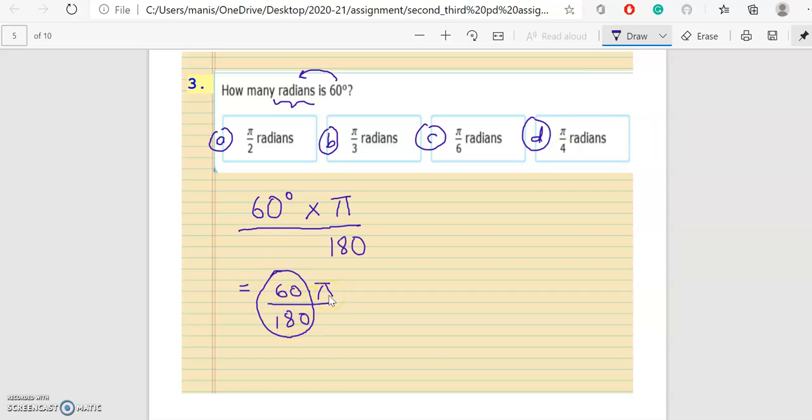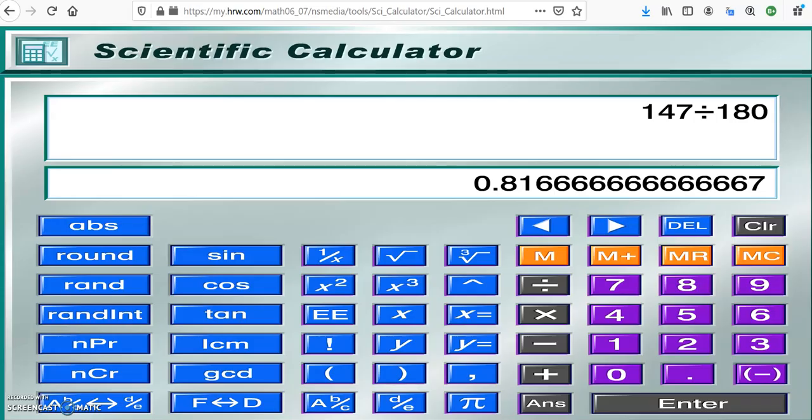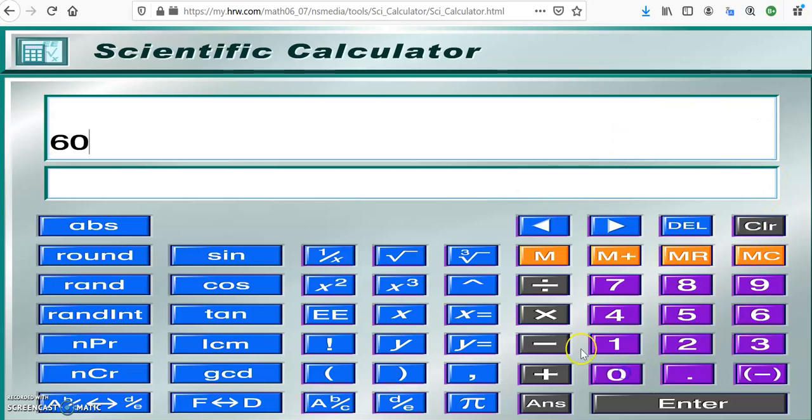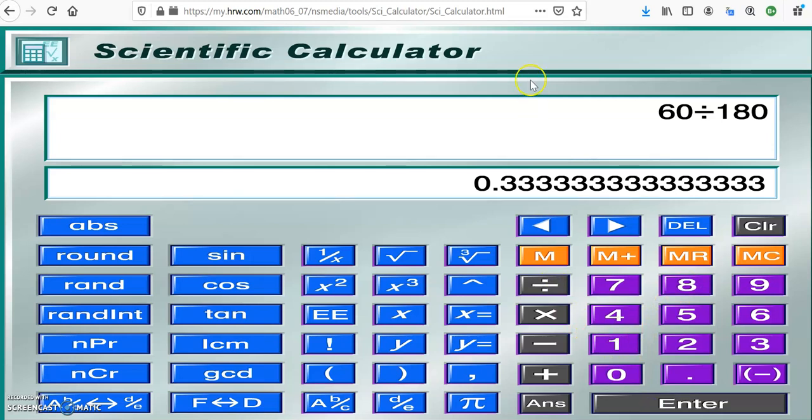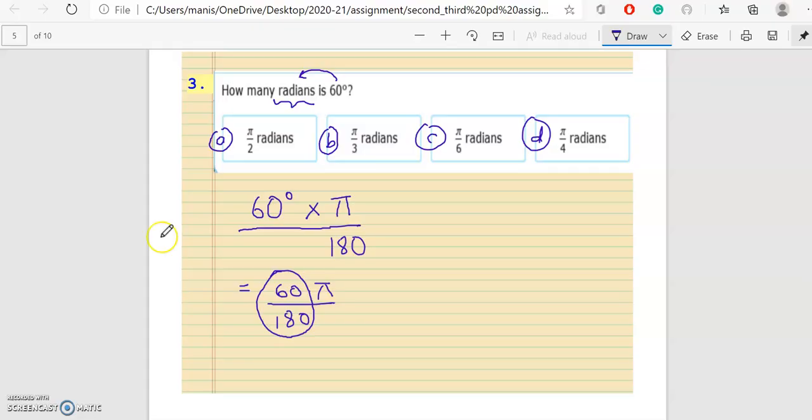Alright, so when I'm using my calculator, 60 divided by 180, I will show you what is the problem I'm coming across. 60 divided by 180. It gives me the answer in what? Decimal. So my answer is 0.33. My answer is 0.333333. I will take 1 over 3 pi radian.